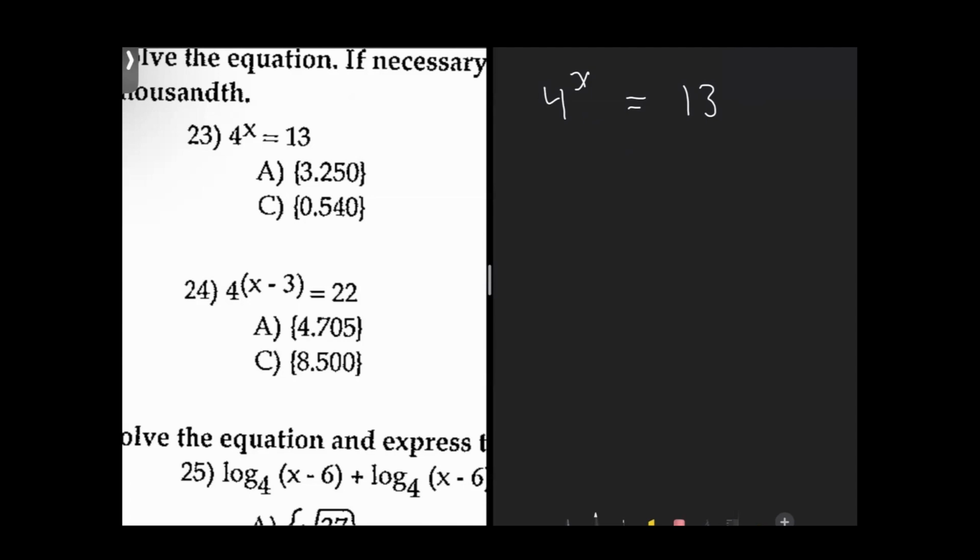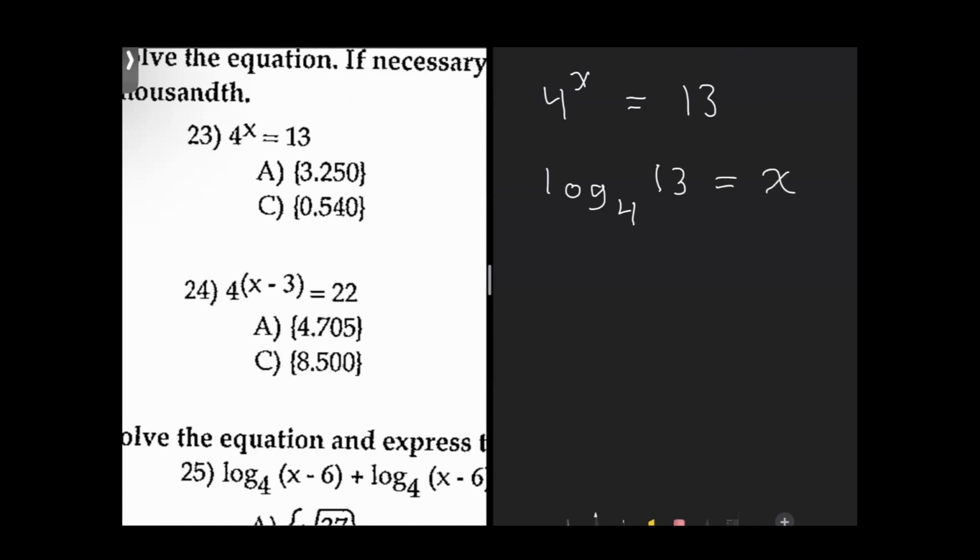So what we might have to do is convert this into a logarithm. The way you convert to a logarithm is that the base is the base. So this 4 is the base. So we have log base 4 of 13 equals x.